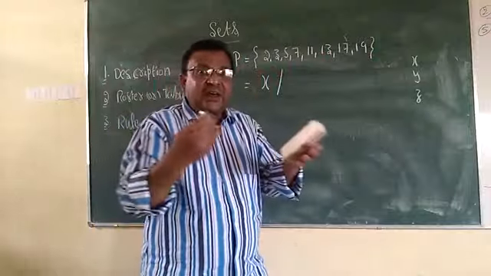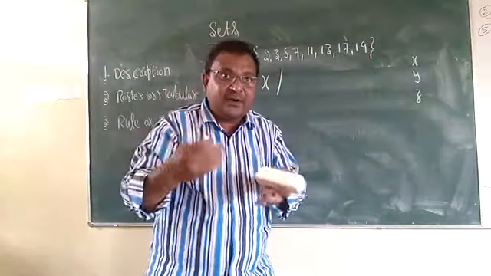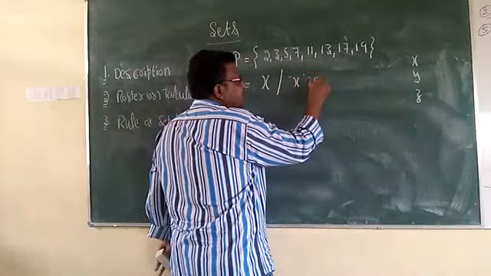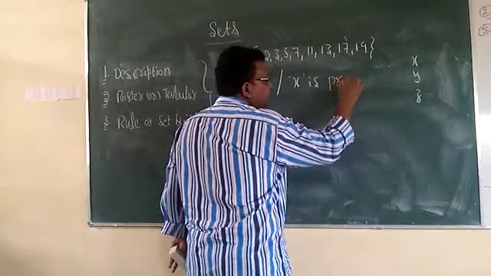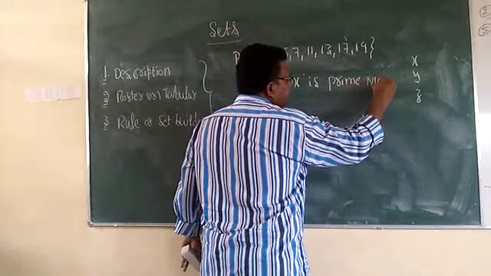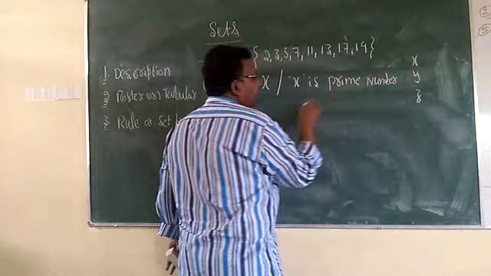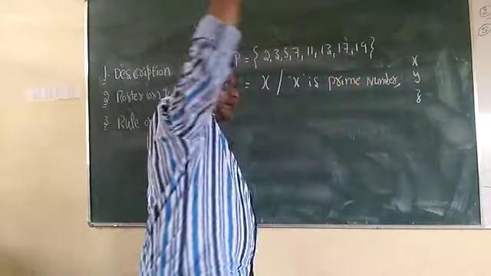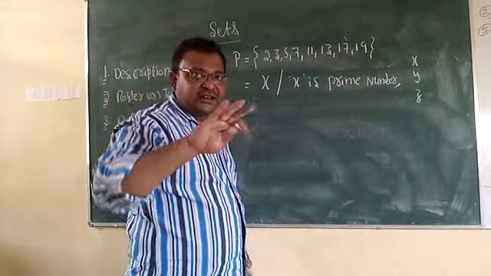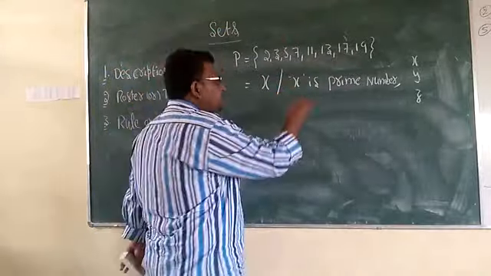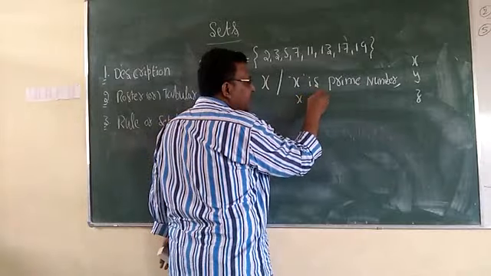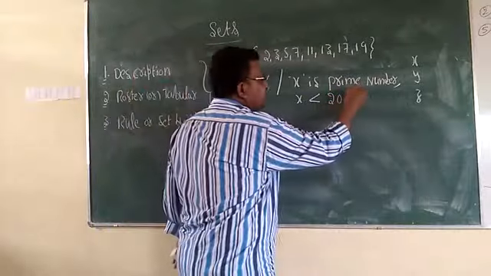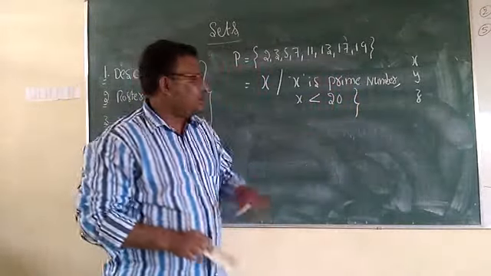Now we are telling the property of that element. That element, x, is a prime number. And prime number means, have we written all the prime numbers? No. We have written just the prime numbers less than 20, and x is less than 20. Look here.